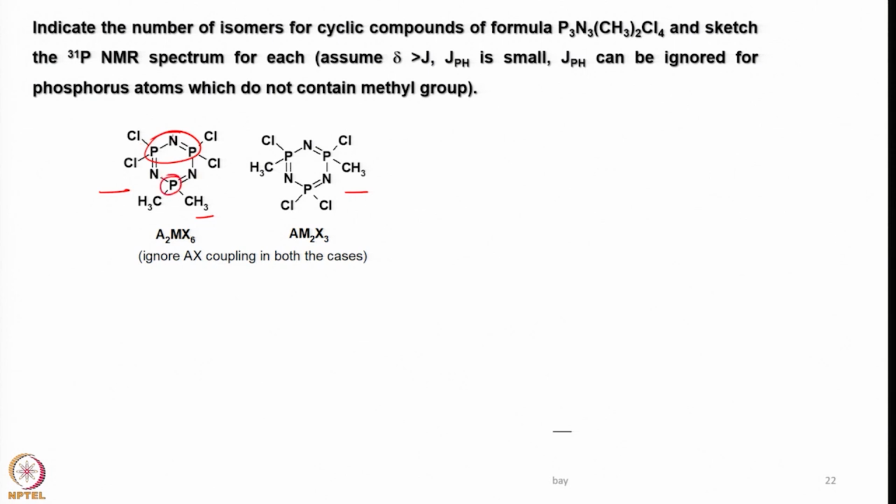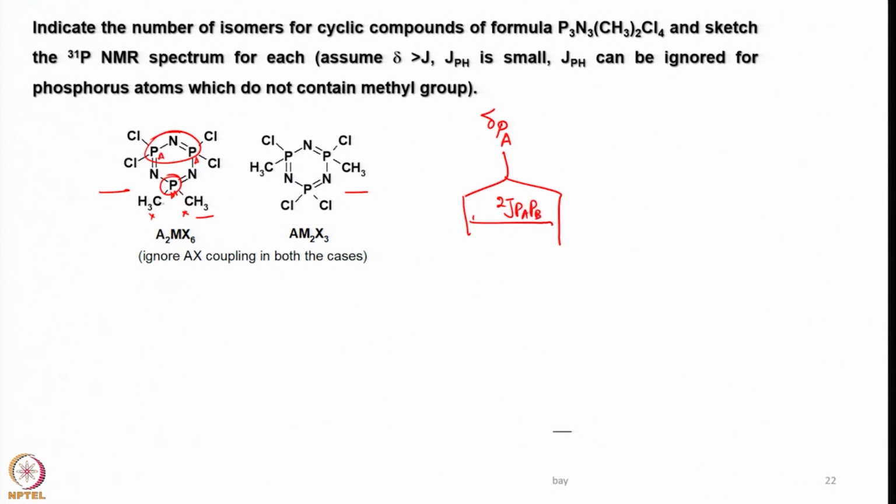So basically if I say PA here, and this is M and this is X here, if we look into delta A, first it will be split into a doublet. This is the 2J PP coupling, PA, PB, and then here this is coupled with 6 of them.